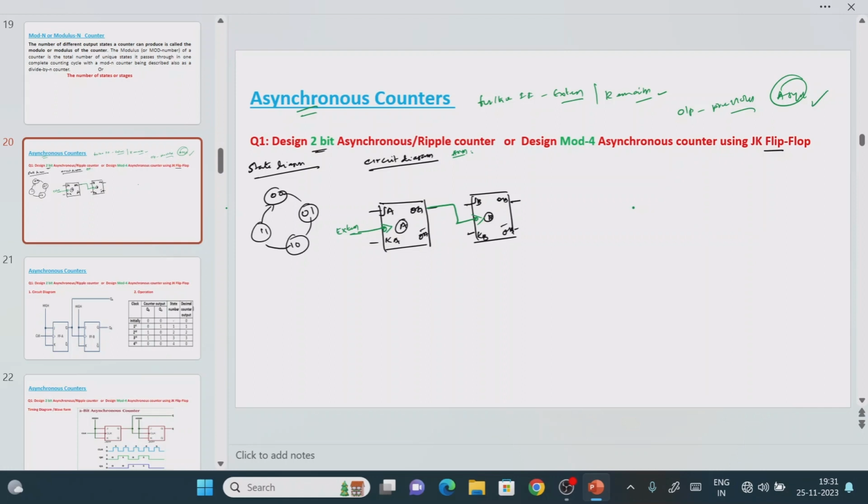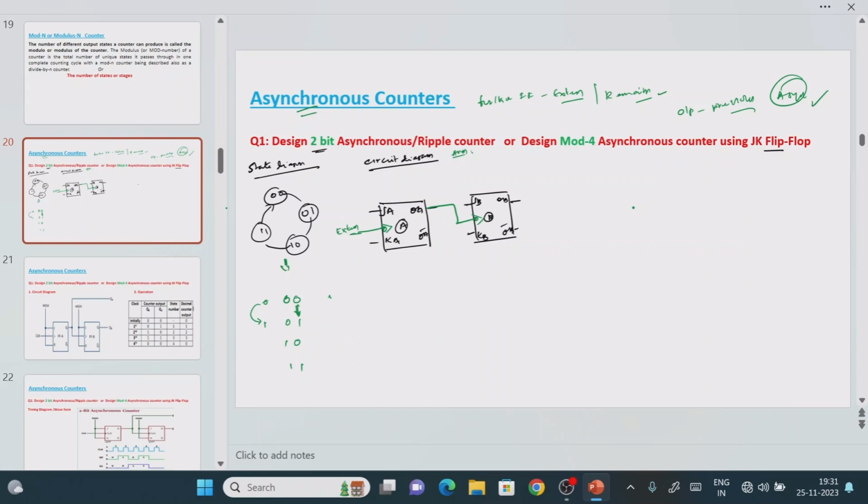Now one more condition, if you observe this one, this is an important point to remember. What is the first count value? 0 0, second count value should be 0 1, third count value is 1 0, final count value is 1 1, right? Now if you observe here, if count changes from 0 to 1, the binary number is changing from 0 to 1, right? Then only you are getting the count 0 to 1.